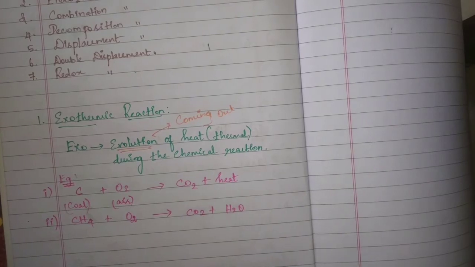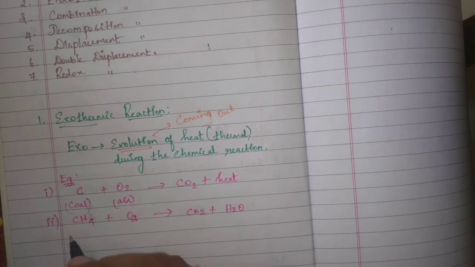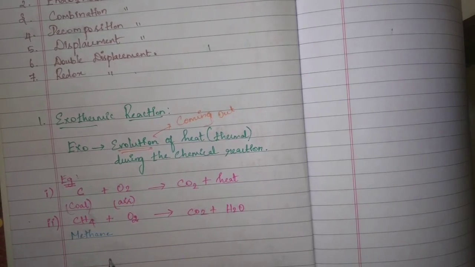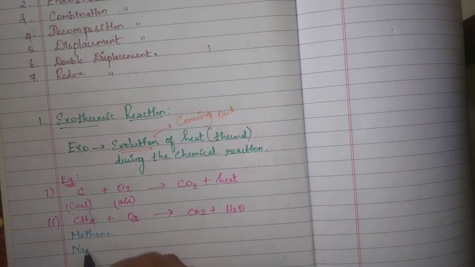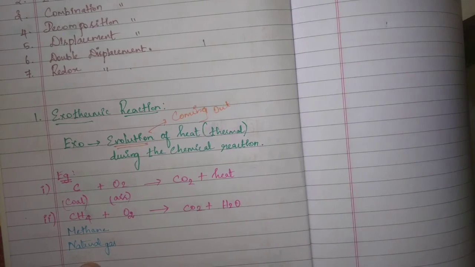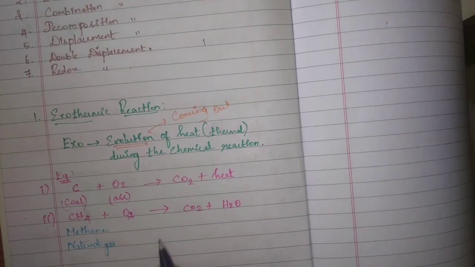CH4 is named methane and is known as natural gas. Natural gas consists of many gases, but the larger percentage is methane.